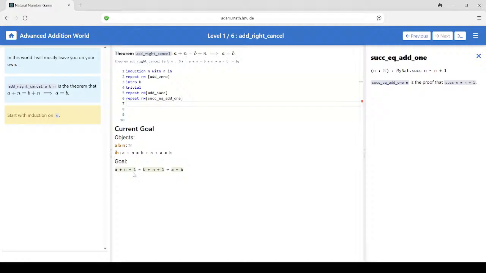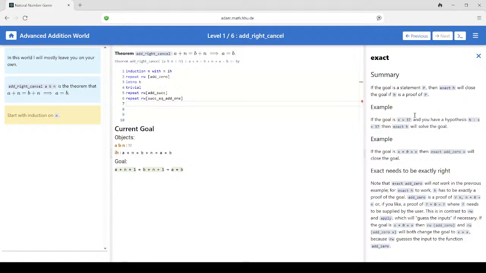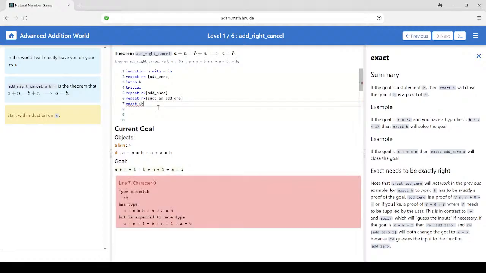We can get it to here, where we just have a +1 stuck on there. What does this one do again? If the goal is a statement P, then exact H will close the goal if H is a proof of P. No, it doesn't like that.